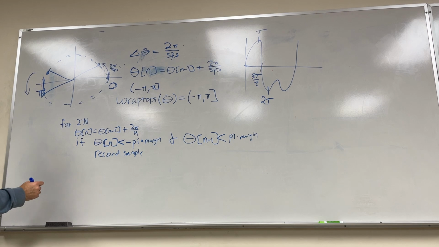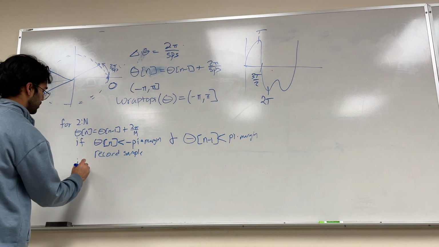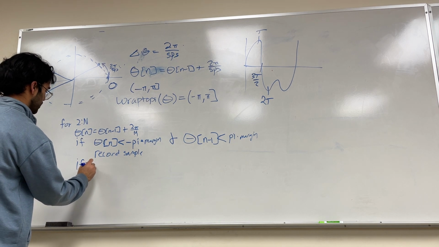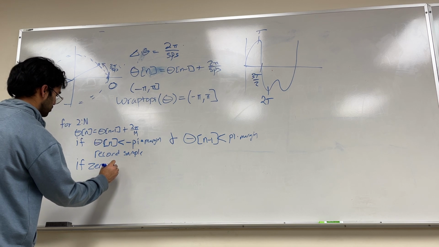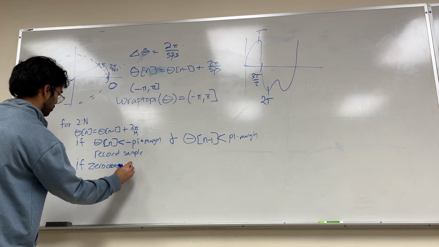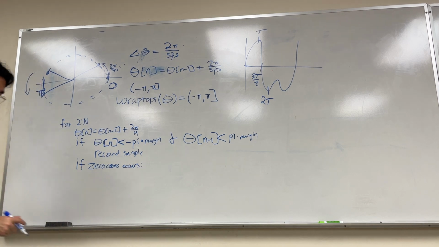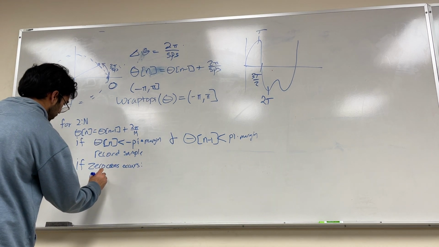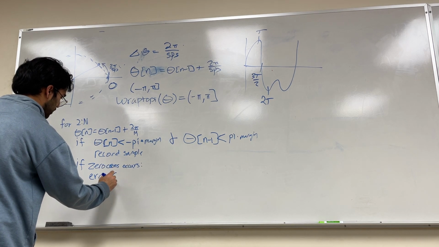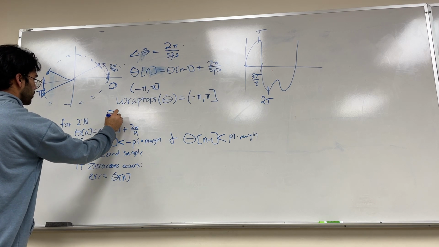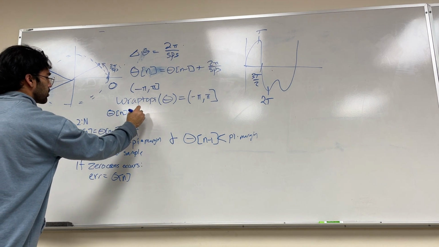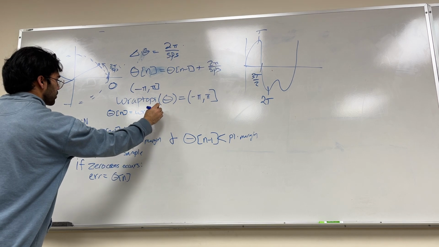And then we need to check and tune our samples per symbol. So we can say if a zero crossing occurs, then you could say that error equals your theta of n. Keep in mind all these thetas of n are wrapped to pi. Our theta of n equals wrapped to pi of whatever.